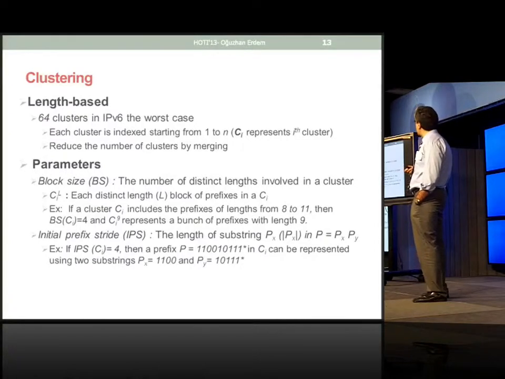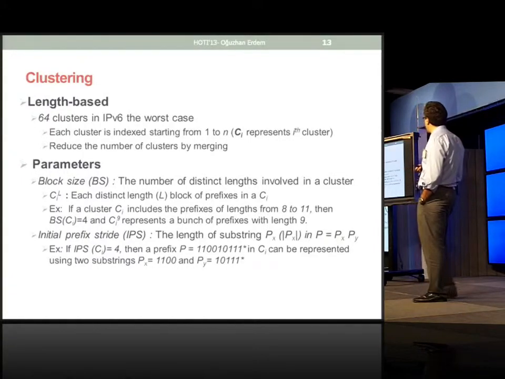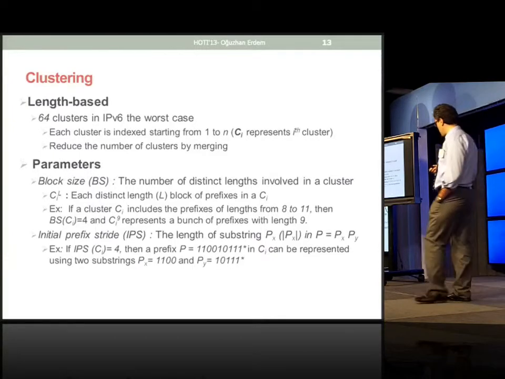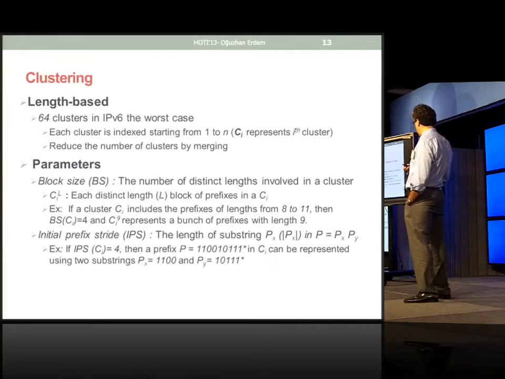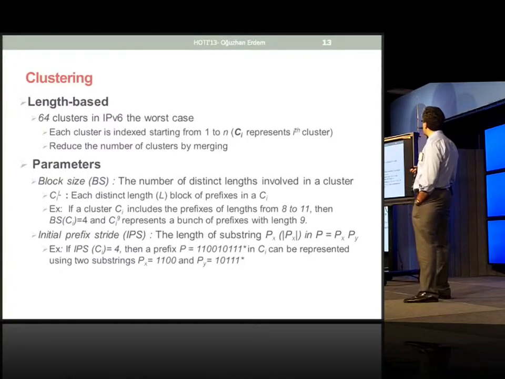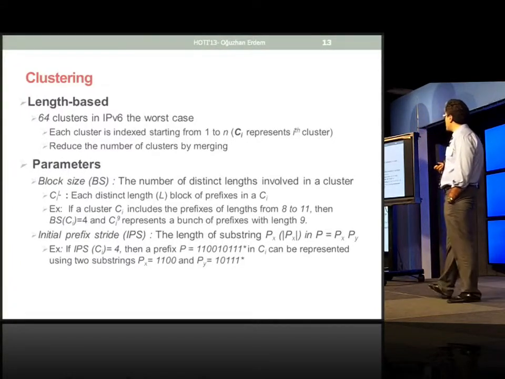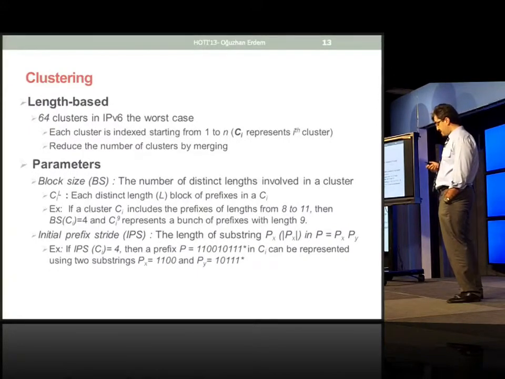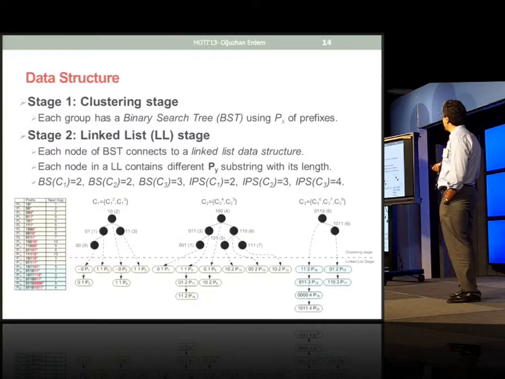The next parameter is the initial prefix size, IPS, that shows the length of substring px. For instance, if the IPS value of any cluster is 4, then a prefix p in Ci can be represented using two substrings px and py. The length of px is 4. The IPS value is fixed for each cluster.